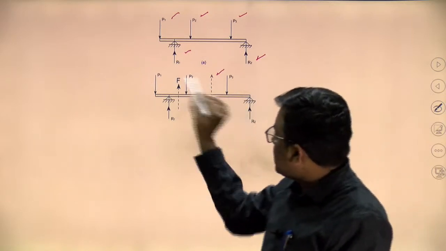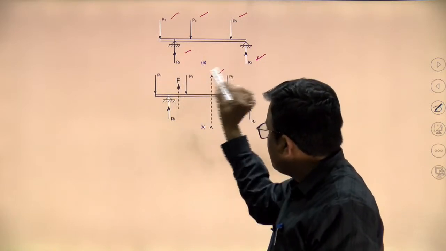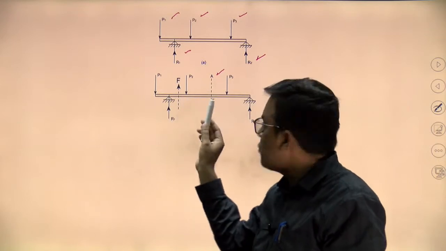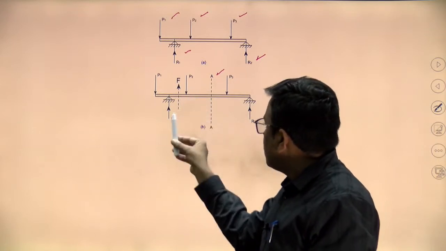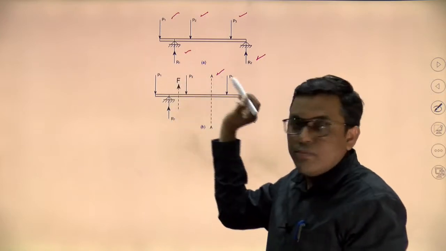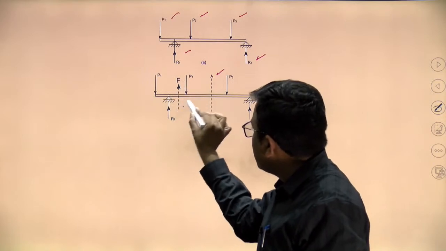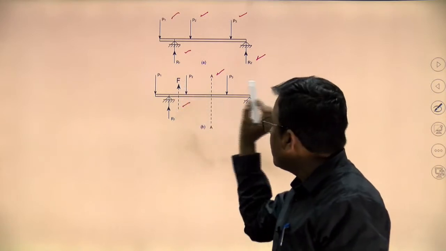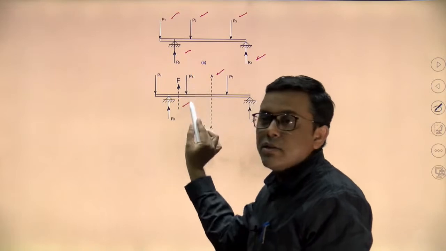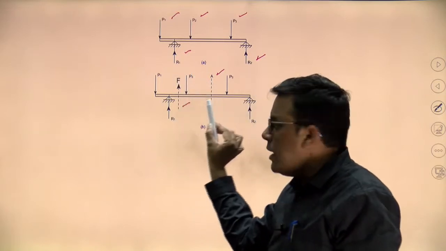On the left side of the section plane, what are the different forces? P1 downward, P2 downward, and R1, the support reaction against the load, which is upward. So, I am taking the algebraic sum of all these forces. If the algebraic sum is represented by this dotted force F, it is the resultant of P1, P2 and R1.